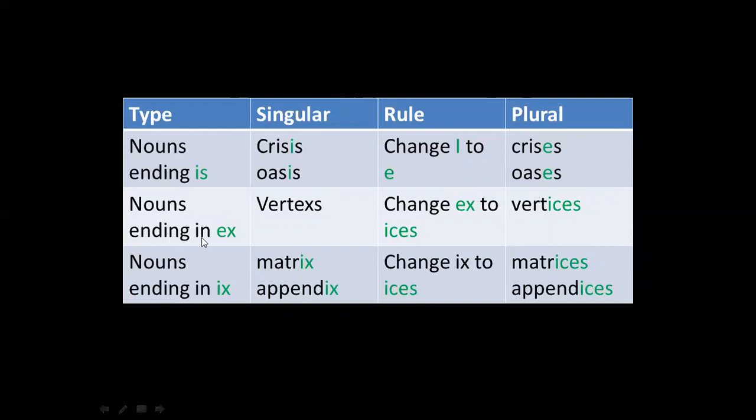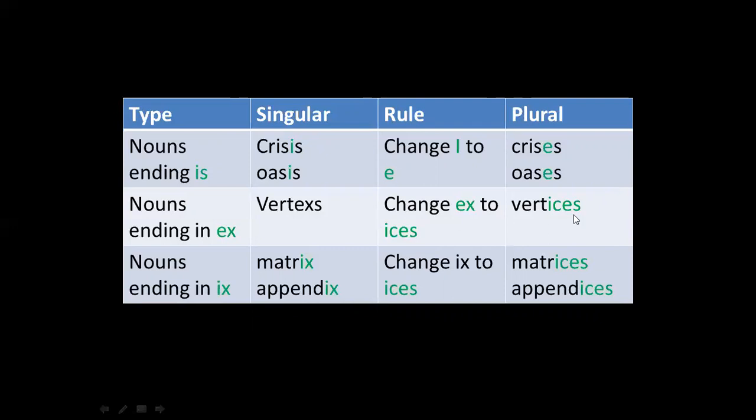Nouns ending in ex. For example, vertex. So here the word ends in ex, and that changes into ices. Now you see, vertex: we remove ex and add ices.